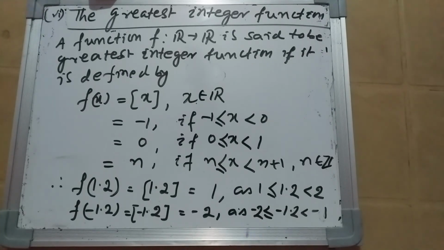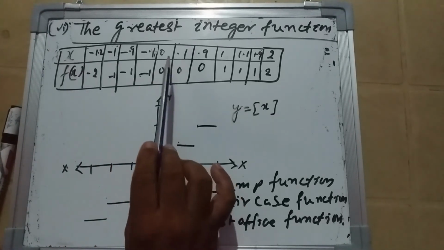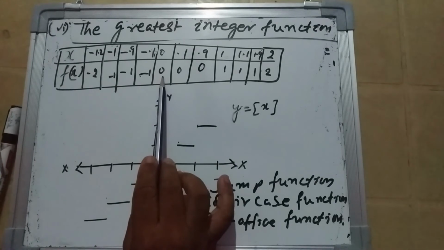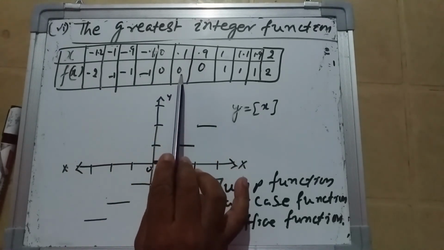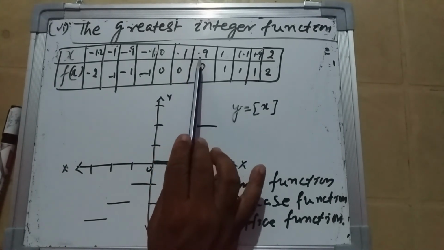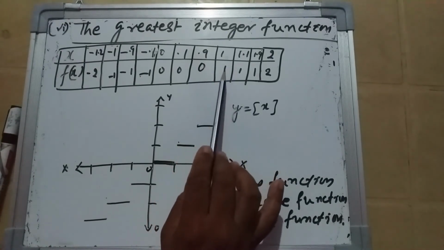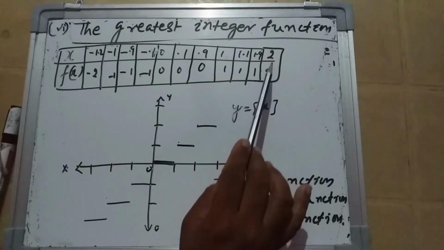Come to its graph. We have tabulated x and f of x. X equal to 0, bracket of 0 is 0. X equal to 0.1, bracket of 0.1 is 0, because 0.1 lies between 0 and 1. So we write 0. For 0.9, 0; for 1, 1; 1.1, 1; 1.9, 1; 2, 2.